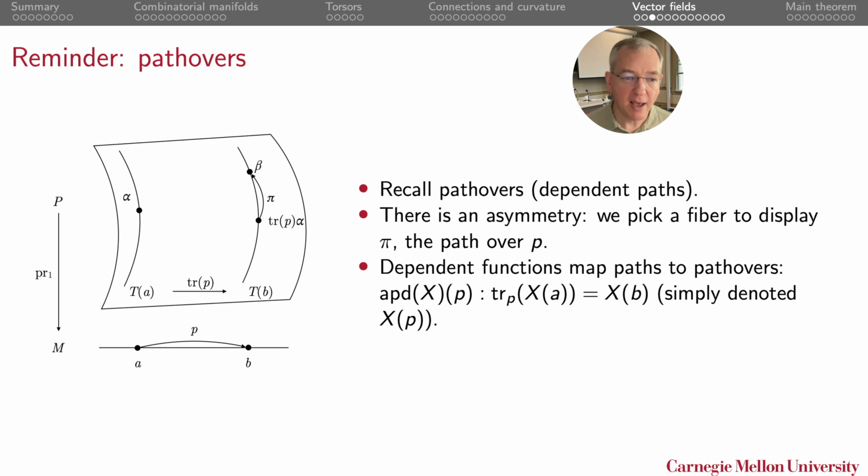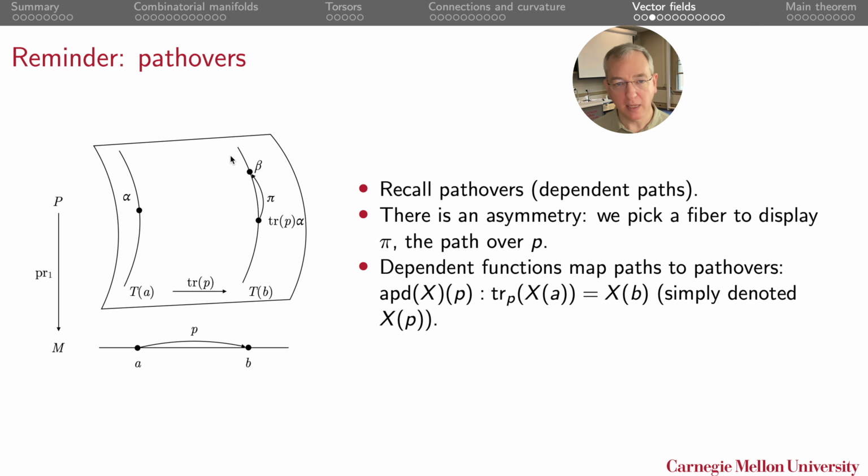So if we have a type M along the bottom here and a path in it from A to B, and here's a type family above it, and let's say the total space of that is called P, then given a point alpha over A and a point beta over B, the type of pathovers that lie over P are the type of paths from the transport of alpha, transport using P, to beta. Okay, so we sometimes get to blur that and think of it as a path directly from alpha to beta.